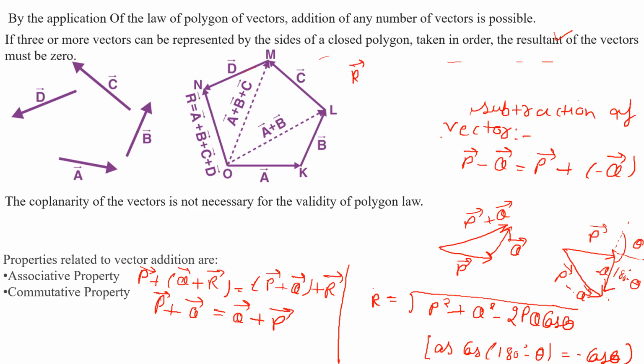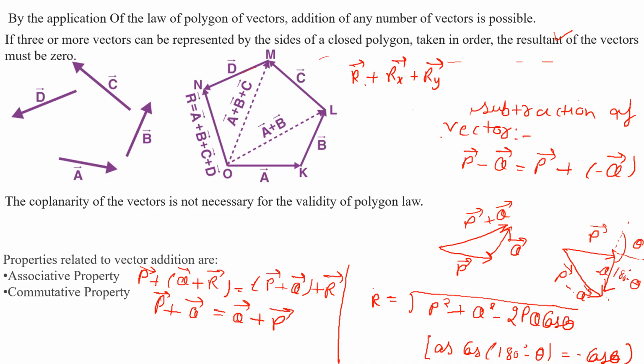So we can say that by the polygon law of vectors, addition of 3 or more vectors is possible.